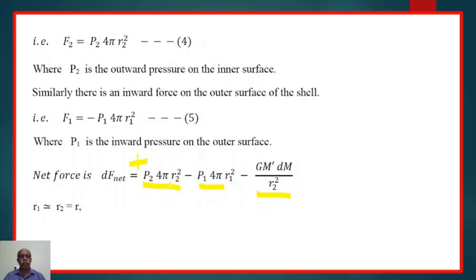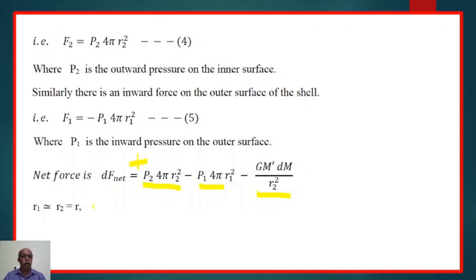The first term is the outward force acting on the inner surface of the spherical shell of radius R2. The second term is the inward force acting on the outer surface of the spherical shell of radius R1. The third quantity is the inward force, again acting on the inner surface of the spherical shell of radius R2.